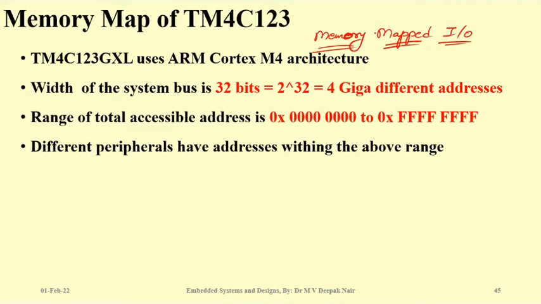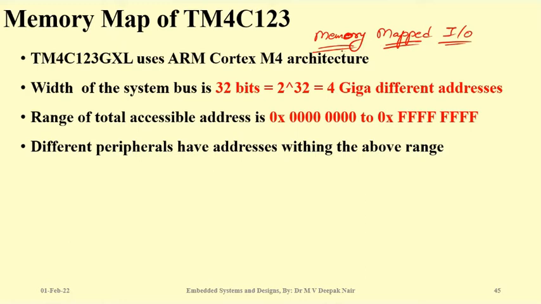Here everything is memory mapped. In 8085 there were two separate mapping techniques. One is IO mapped IO, with 8-bit addresses, and the other was 16-bit addressing for the memory mapped.